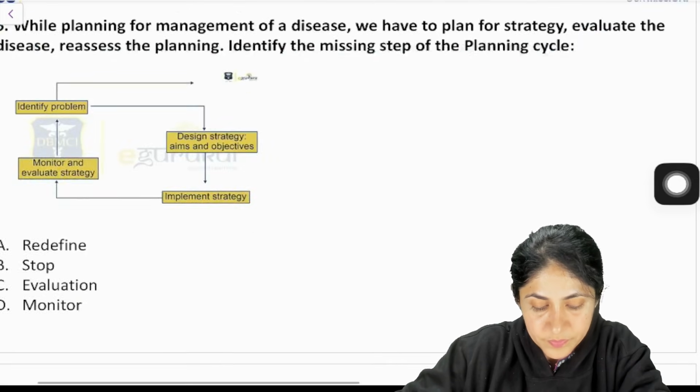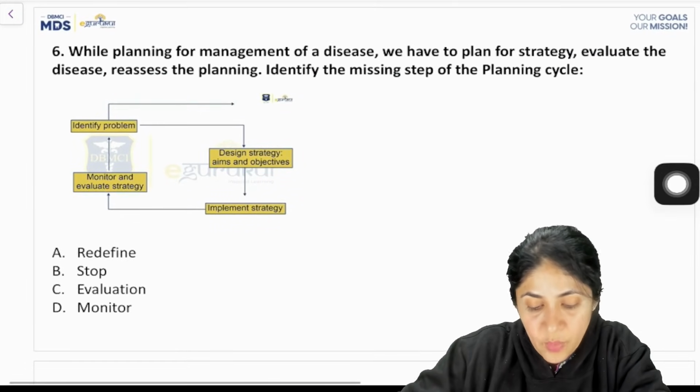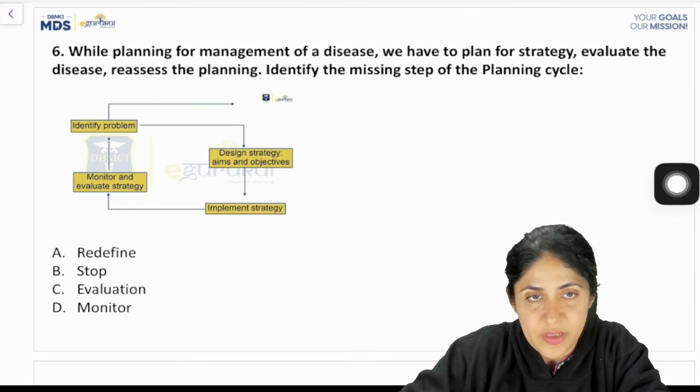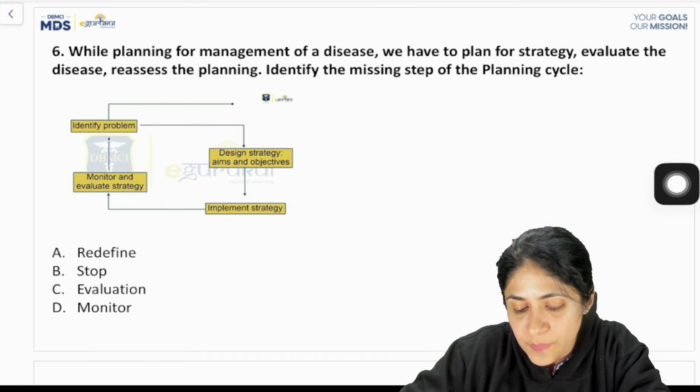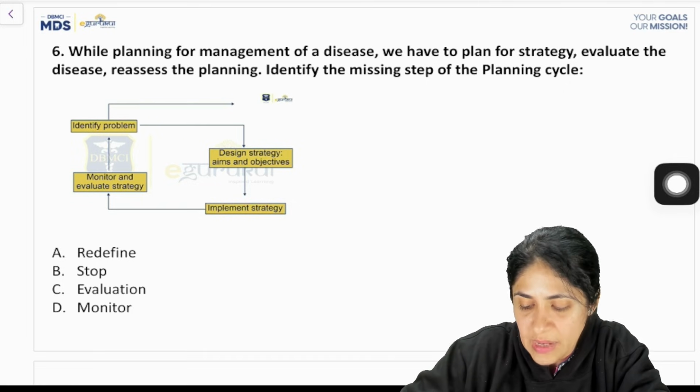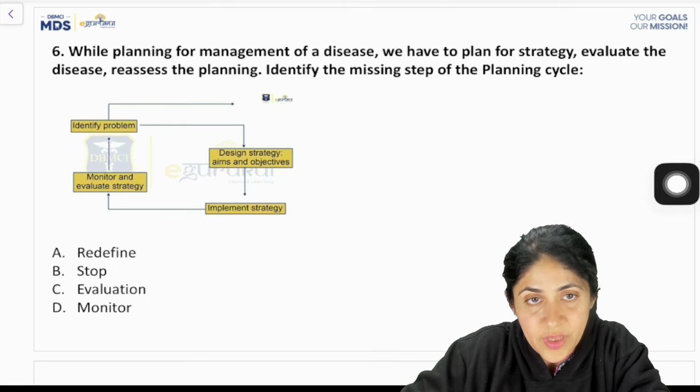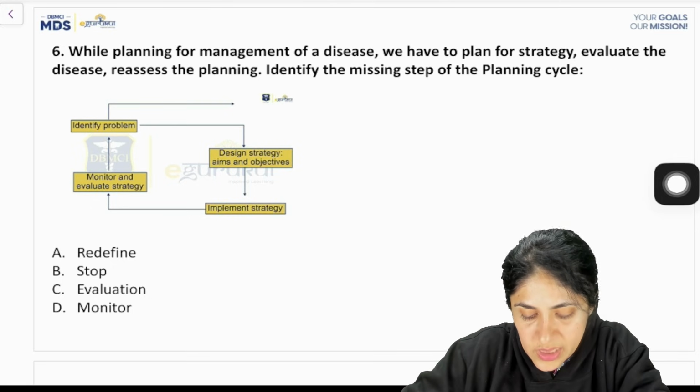Next question. While planning for management, this is your planning cycle. You want to plan the management of a disease, so we have to plan a strategy: evaluate the disease, reassess the planning, identify the missing step.